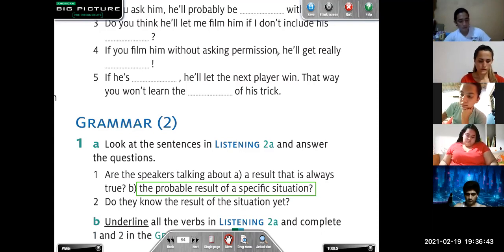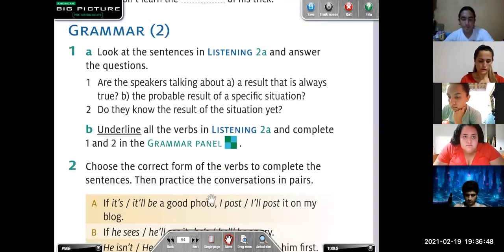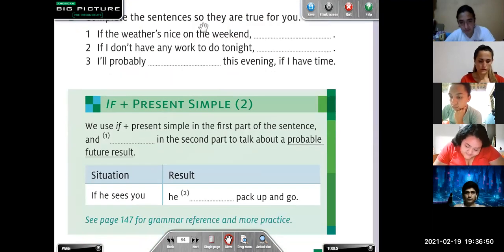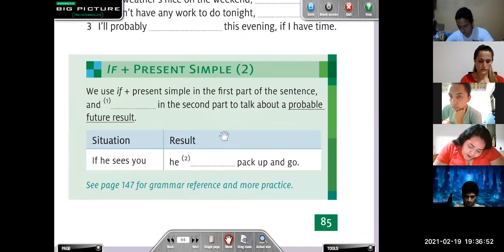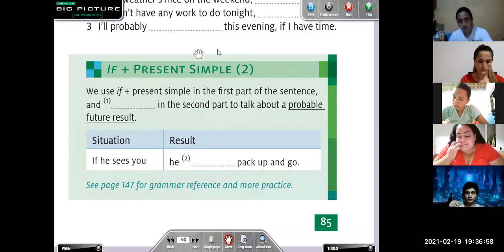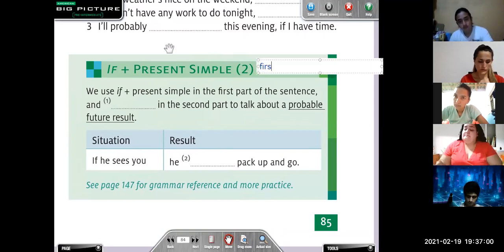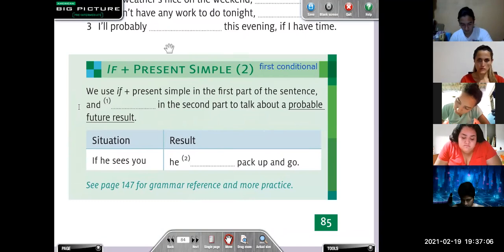Okay, good. Let's see. We're going to complete the grammar panel here. It says if, present simple, or to. I want you to write here first conditional, okay? First conditional.